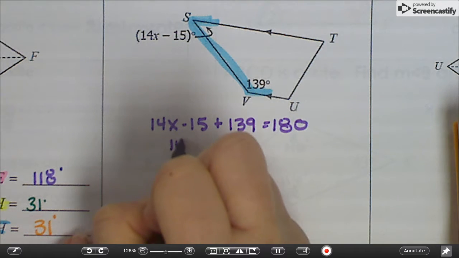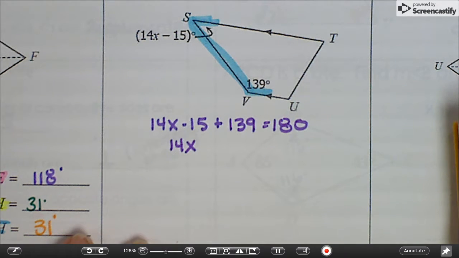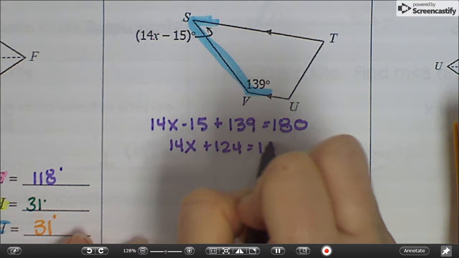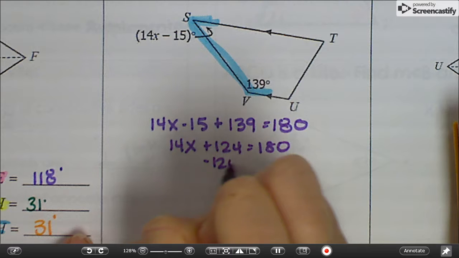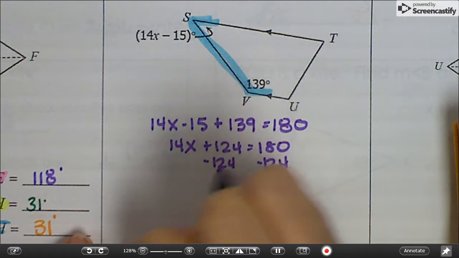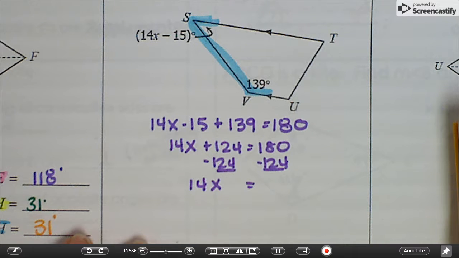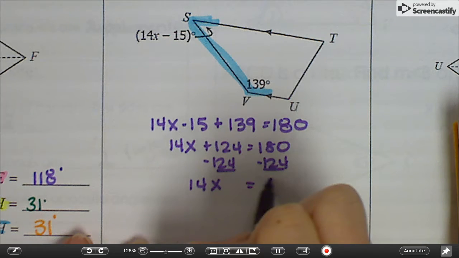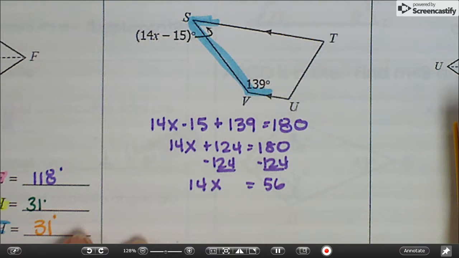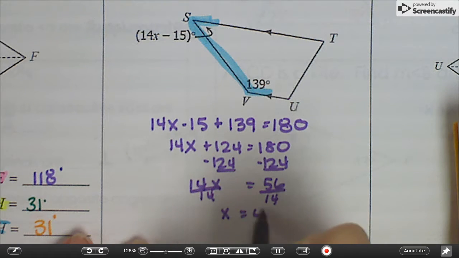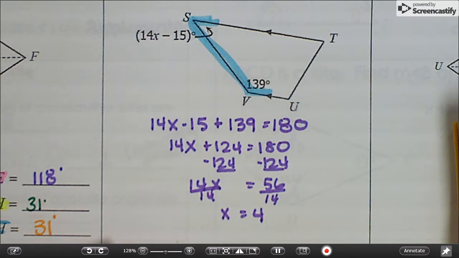So we're going to just solve. And x equals 4.